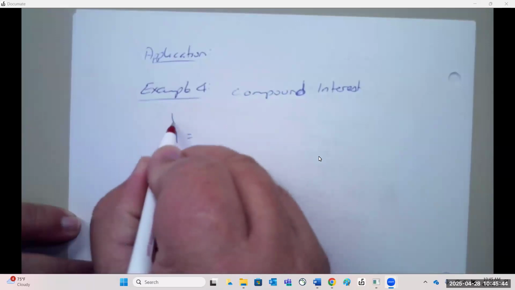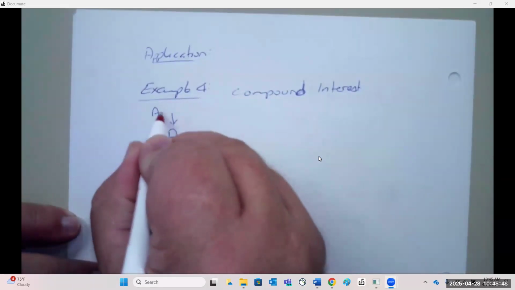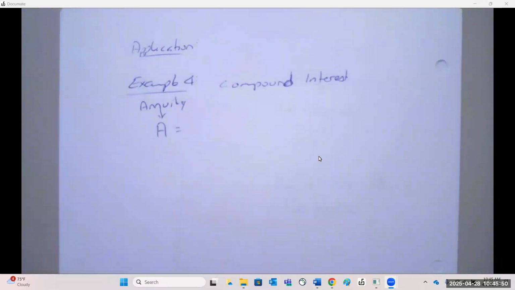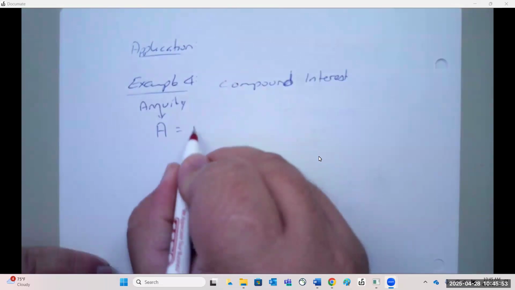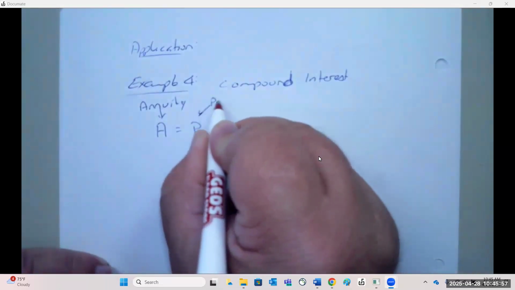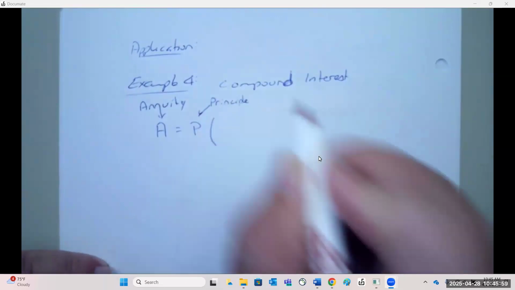The amount of money that you still owe is called an annuity. P is called the principal. That's how much money you borrow.